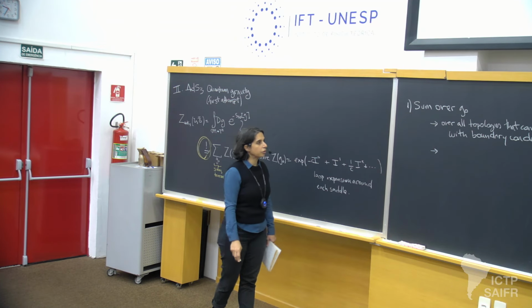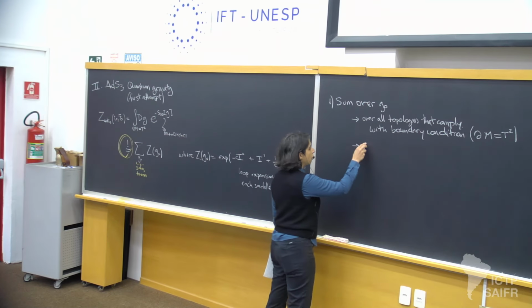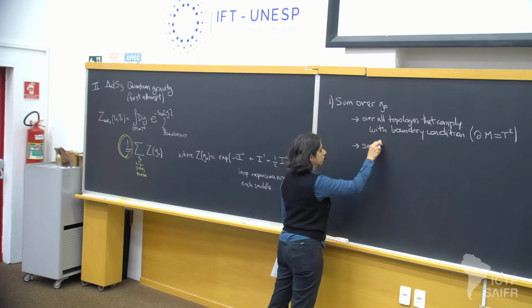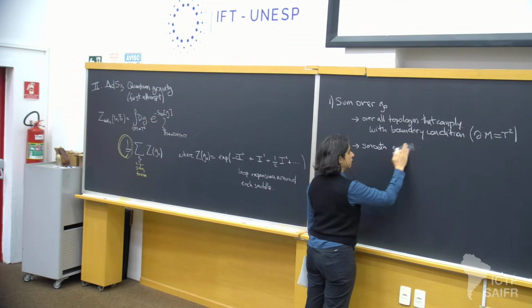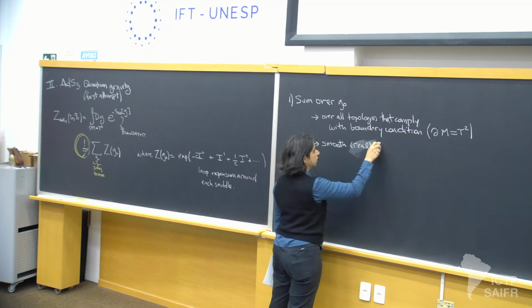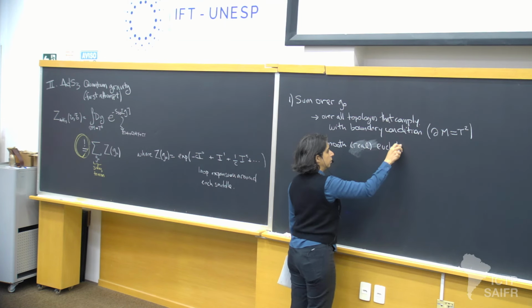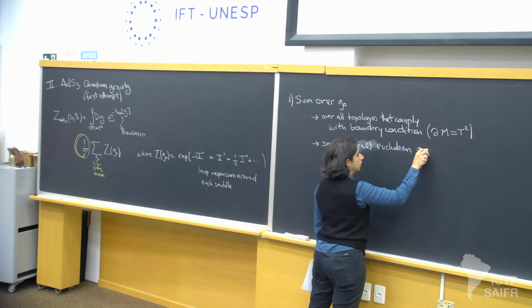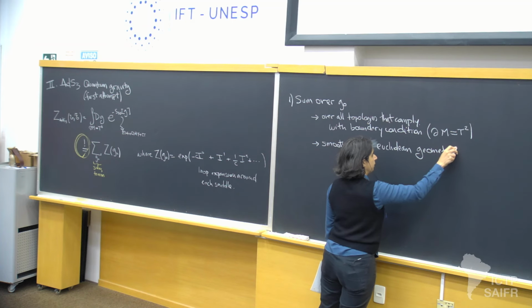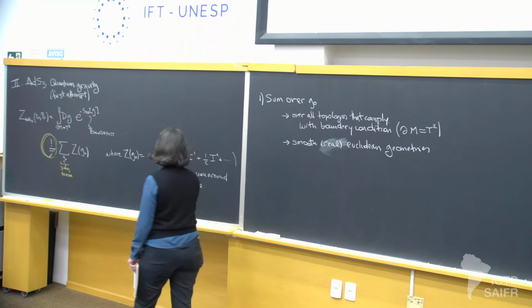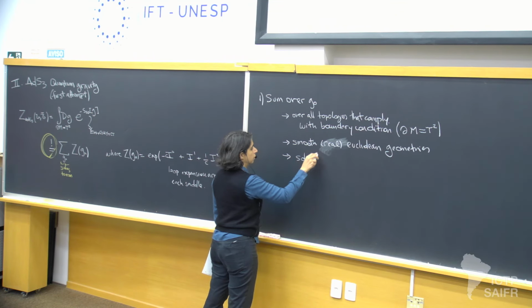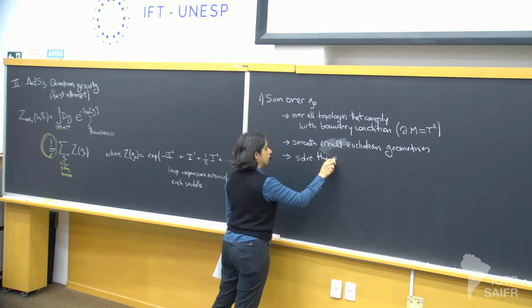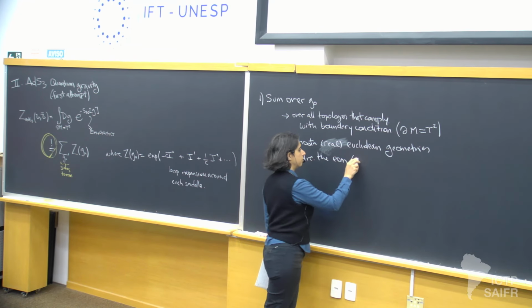But for now, I'm also going to consider all smooth, and I should say also real, Euclidean geometries. And finally, it's already in the definition, but I want to stress that they solve the equations of motion, i.e. they're Einstein manifolds in this case.